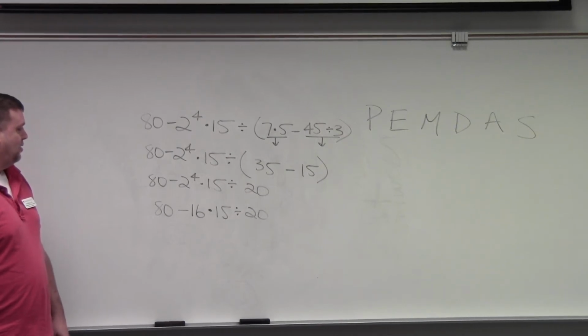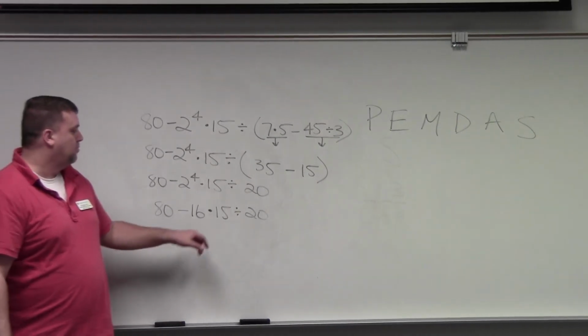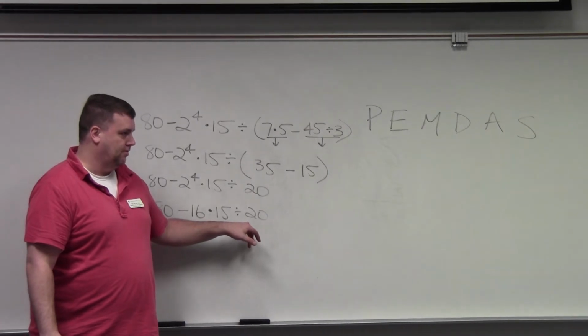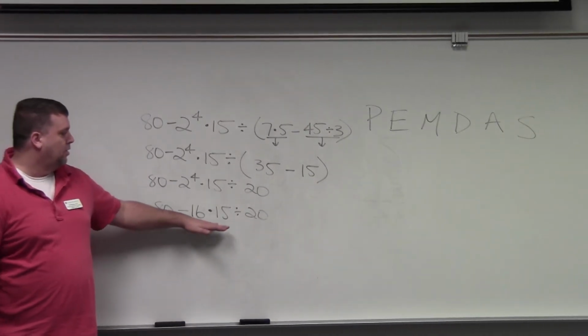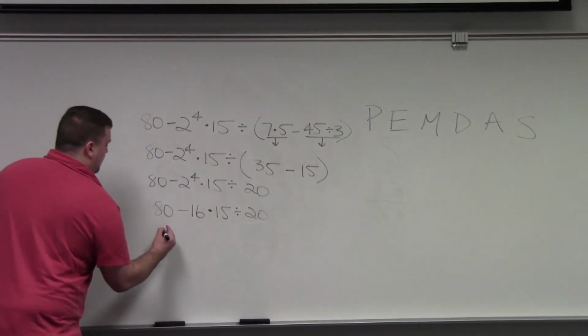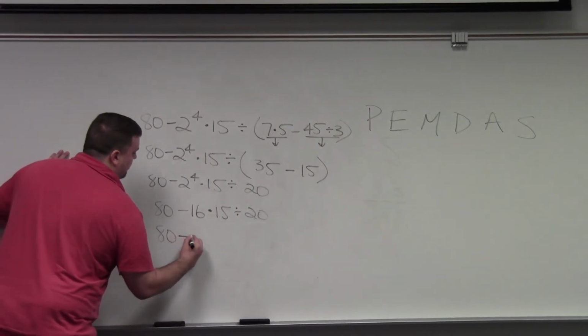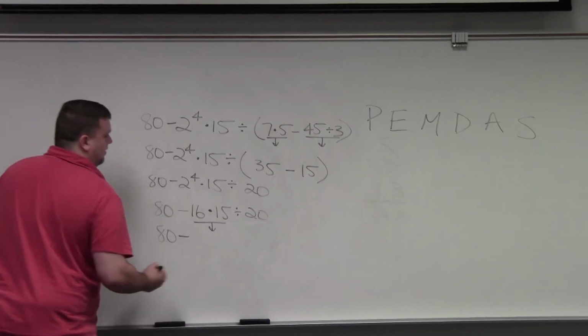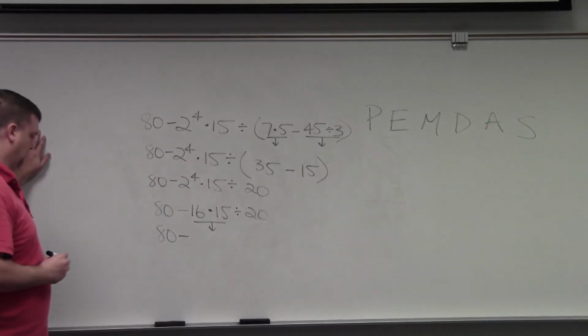All right, so we have subtraction, multiplication, and division. Okay. We have multiplication and division, so we have to do that from left to right. So the first thing we have to take care of is the 16 times 15. 240. 240, okay.